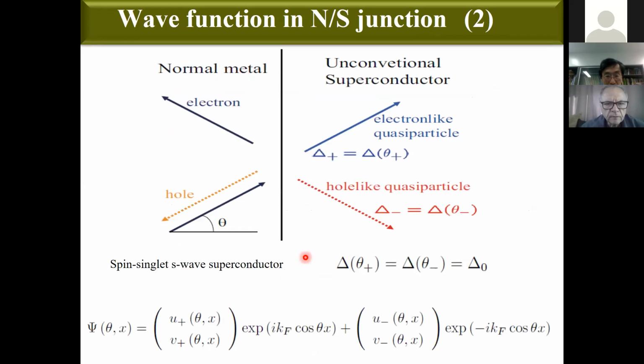In that case, the injection angle theta is a good parameter to write down the wave function like that. In the superconductor region, the wave function is characterized by theta, and it is decomposed into an exp(+ik_F cos theta) term and an exp(-ik_F cos theta) term. And this is an envelope function.